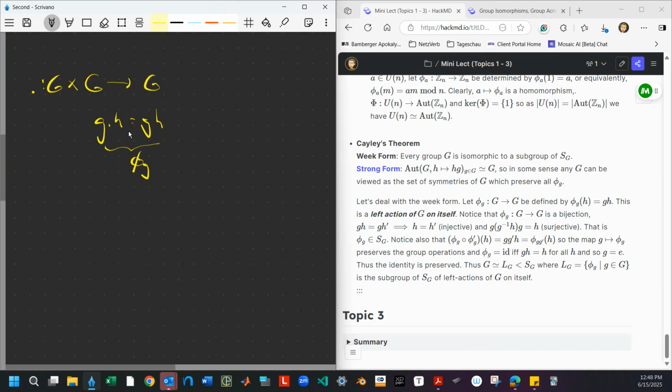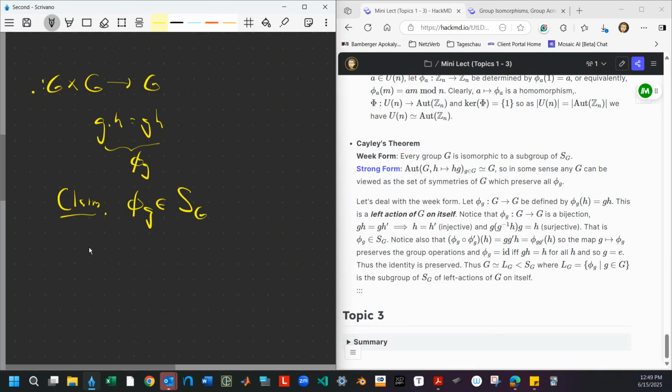This is not an automorphism, but it is going to be, in this case, a permutation of G, right? So one claim will be this. The claim is that phi g is in S_G, right? So a symmetry, not an automorphism, but a symmetry.